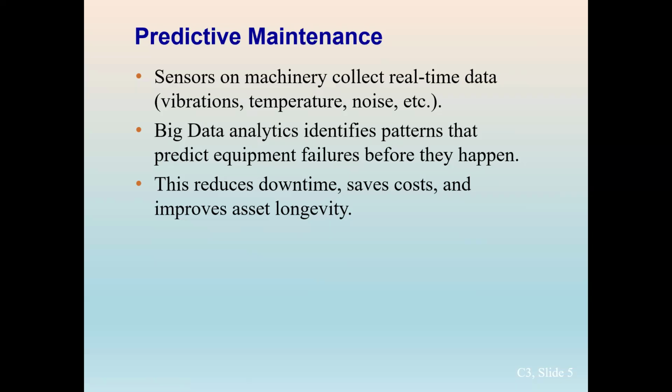So analyzing historical and also real-time data from equipment allows for the prediction of potential failures. Also, this enables proactive maintenance, minimized downtime, reduced repair costs, and also extended lifespan of machinery.